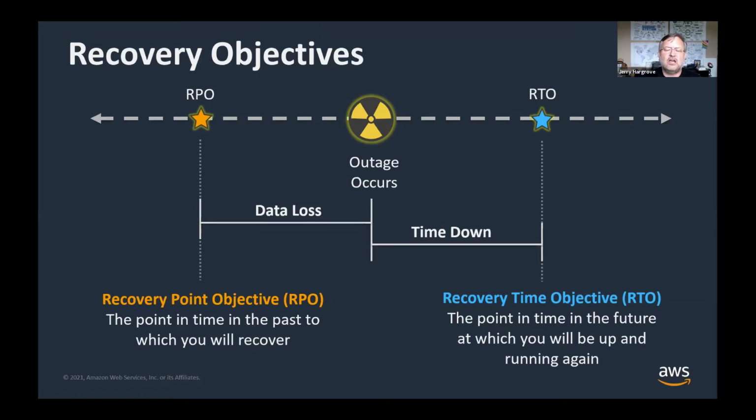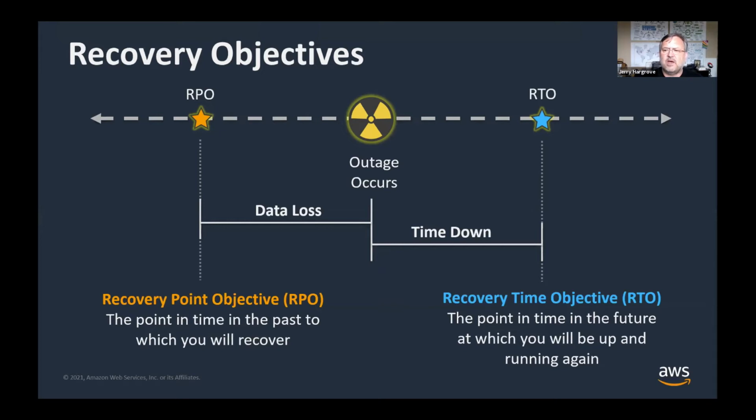So how much time would your system be down in the case of some sort of catastrophic failure if it weren't highly available? RPO, on the other hand, indicates how much data might be lost as a result of that failure. Again, I'll be focusing mostly on RTO tonight, but I'll bring up RPO occasionally and I'll call it out.